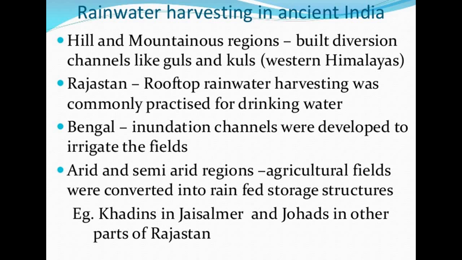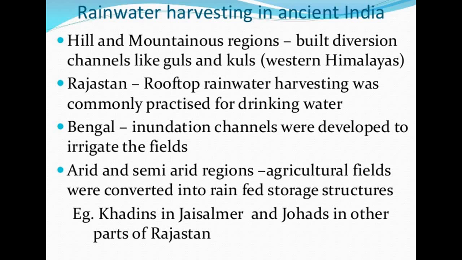So in your book there is a picture given to you, figure number 3.5, a traditional method of rainwater harvesting. So they were making these tankas that were quite big. These tankas were a part of a well developed rooftop rainwater harvesting system, and they were built inside the main house or the courtyard, and connected to the sloping roofs of the houses through a pipe.